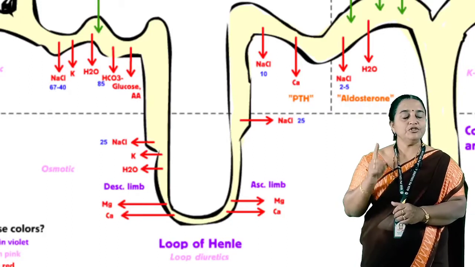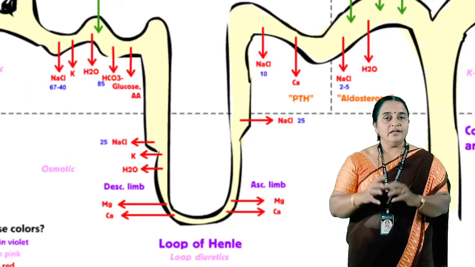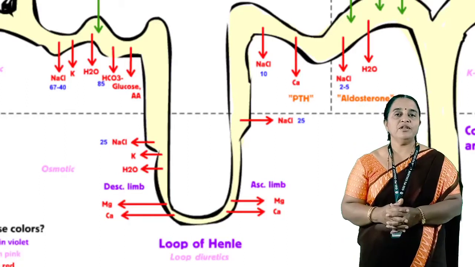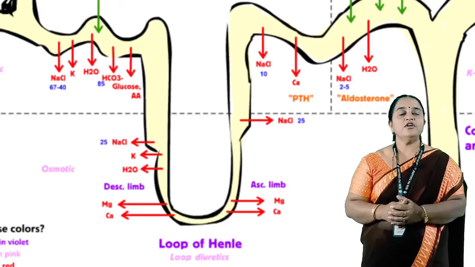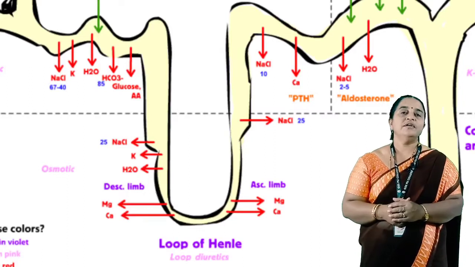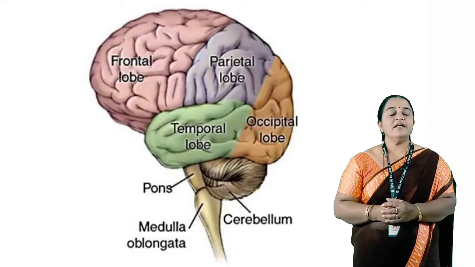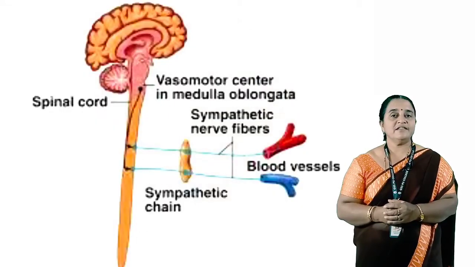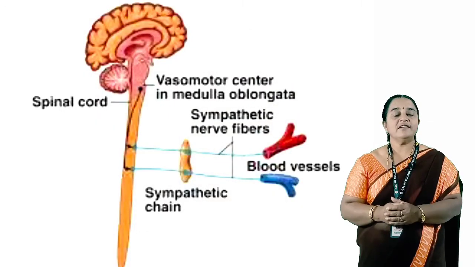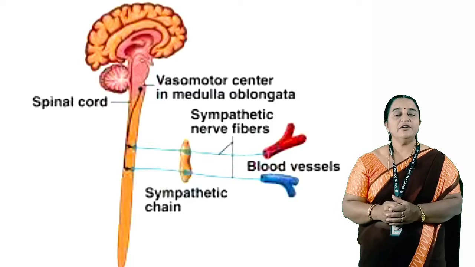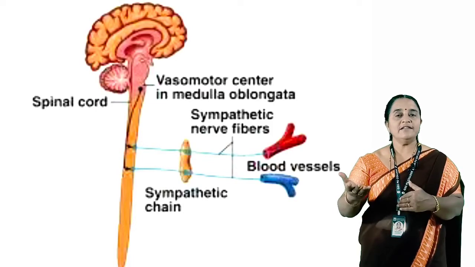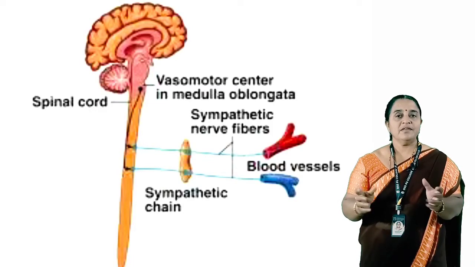Here, we should not forget that the entire mechanism of urine formation is under the control of a region called the medulla oblongata. In the medulla oblongata, there are vasomotor centers. These vasomotor centers are stimulated due to a fall or increase in blood pressure.